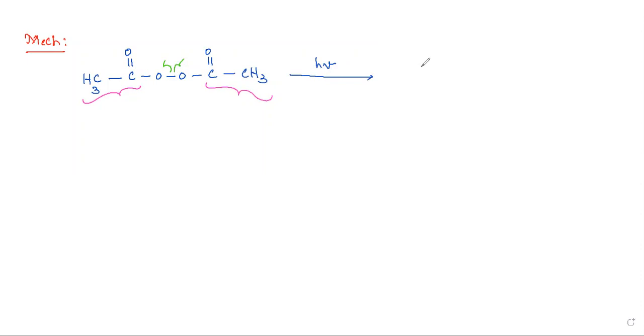To form this. Two such species, two such free radicals. And now again, this, which will result in these free radicals.